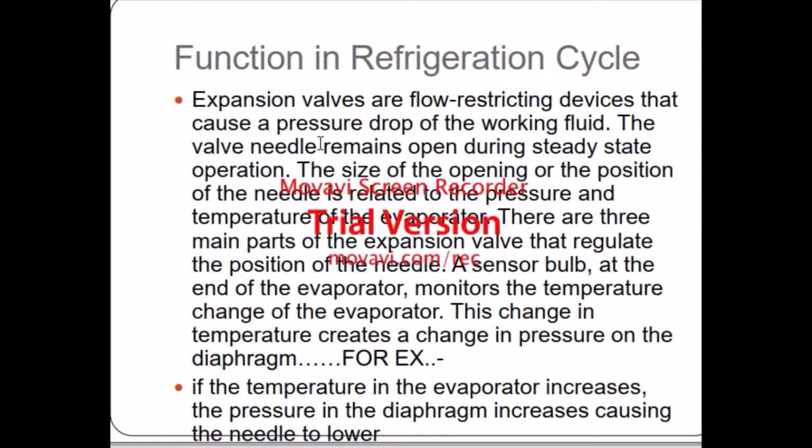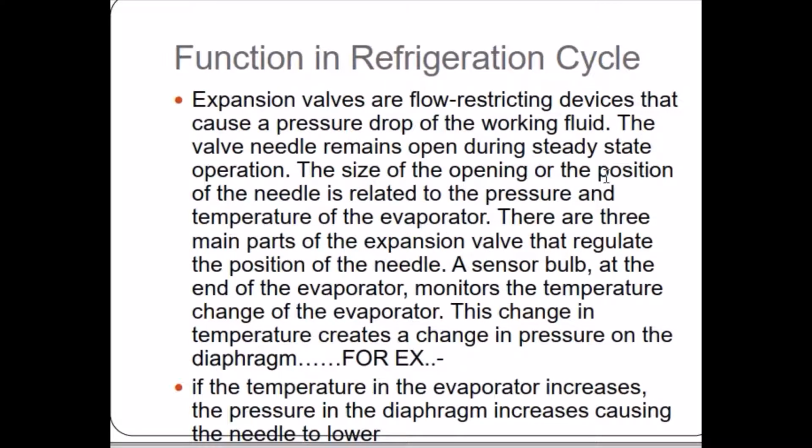The diaphragm will control the pressure. If the pressure drops, the valve on the input line will open, so the spring will release the valve. That's why we supply an amount of refrigerant into the needle.